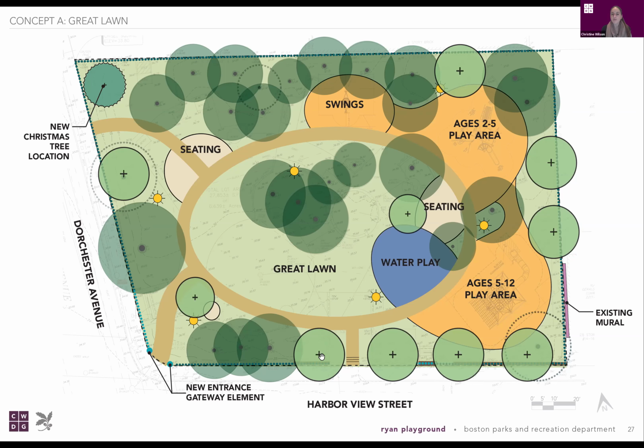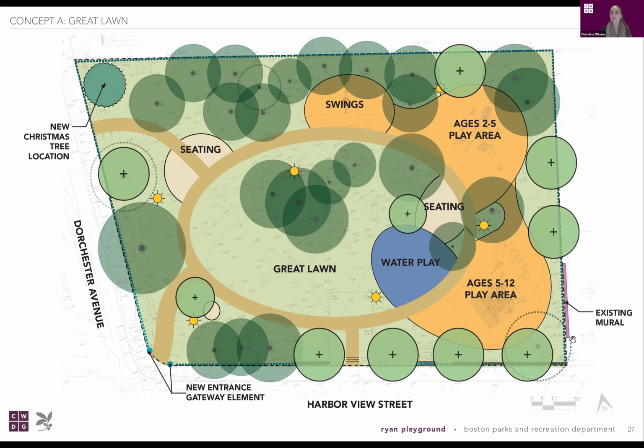And this graphic here denotes new street trees, or trees along that edge, where the existing trees are that darker, more translucent green. We've designated an area for the Christmas tree up in the top left corner. We've also shown the existing mural.